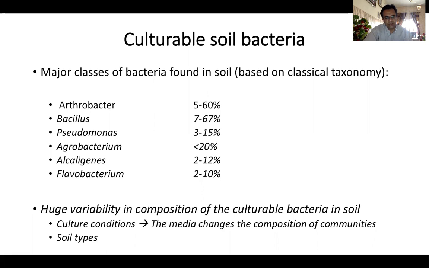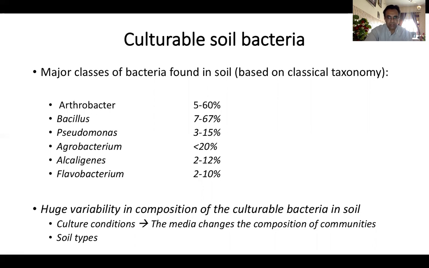The culture conditions are the media. If you change a media for same soil, you would see different colonies. So media is playing a very important role in selecting which bacteria will be more abundant in a particular test. Similarly, if the soil is coming from forest, or if the soil is coming from grassland, it will contain very huge numbers of different types of bacteria that will be different as compared to the ones coming from a desert or from some other type of soil.